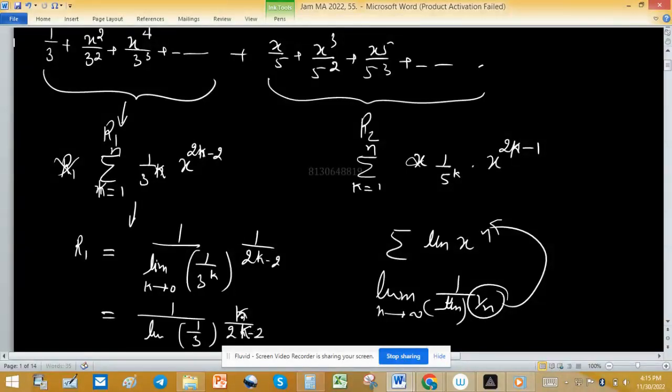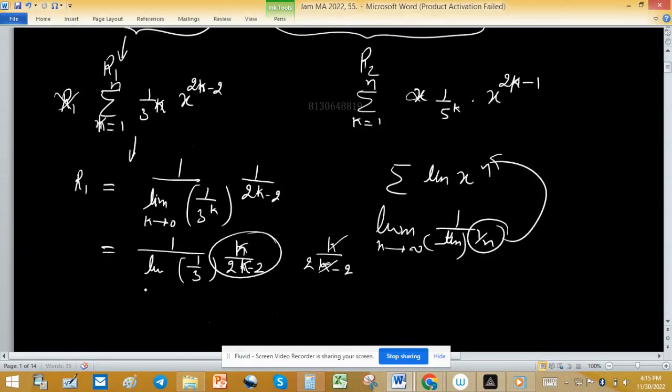Here k cancels out and we get 1 upon 2. So the limit is 1 upon 1 upon 3 raised to the power 1 upon 2, which I can write as 1 upon 1 upon root 3, simply root 3.